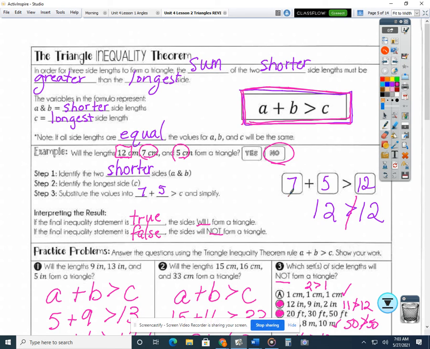So our two short sides, 7 plus 5, must be greater than our longest side of 12. When we combine these terms, 7 plus 5 is equal to 12, and 12 is not greater than 12. So no, these will not form a triangle because the two shorter sides just won't meet.